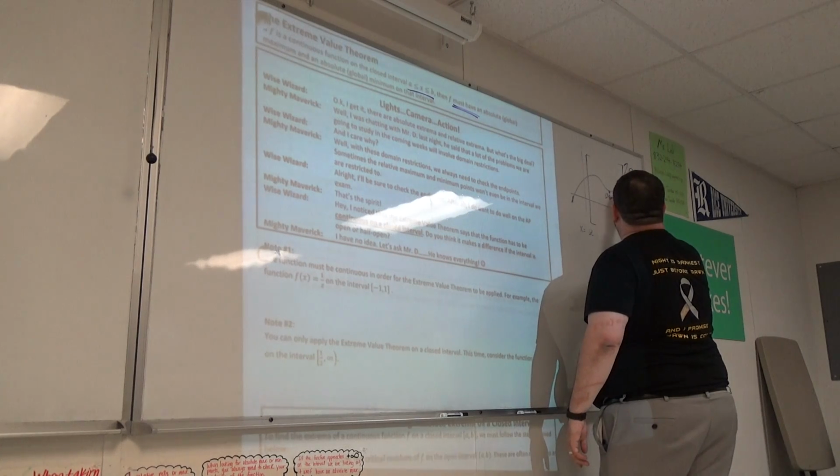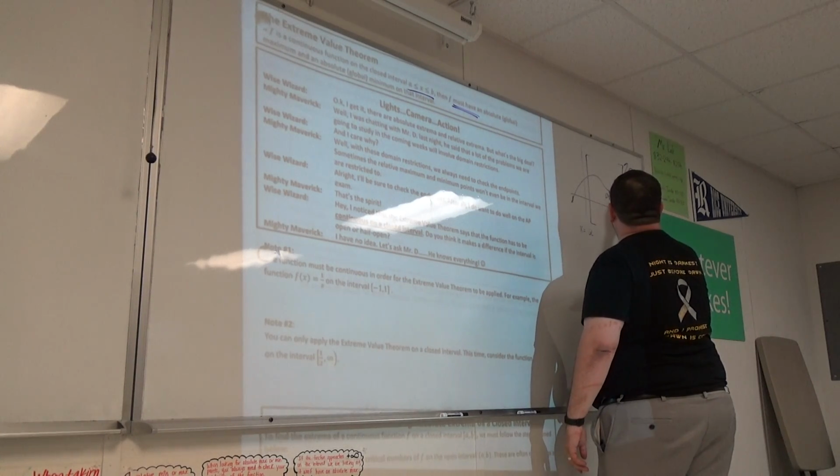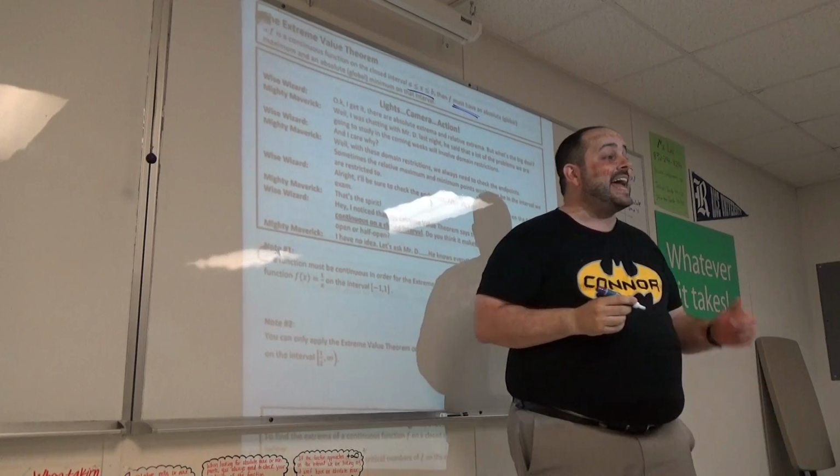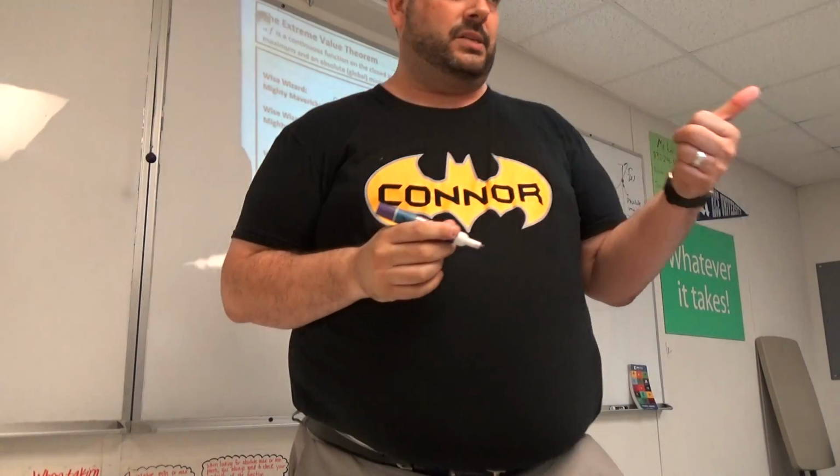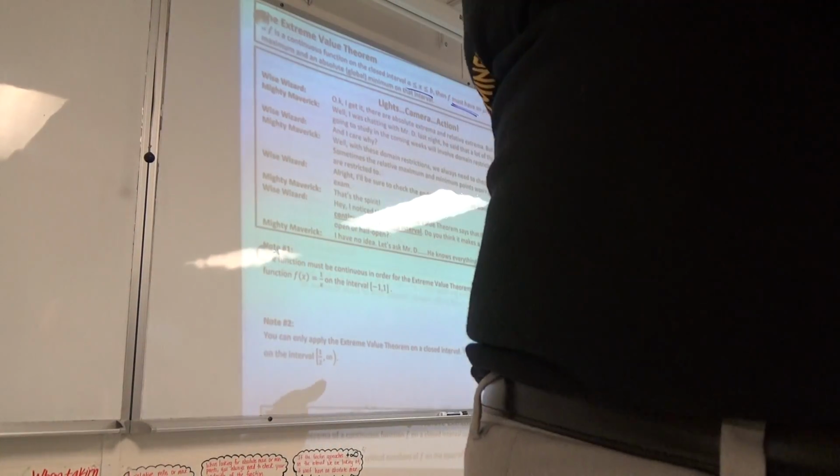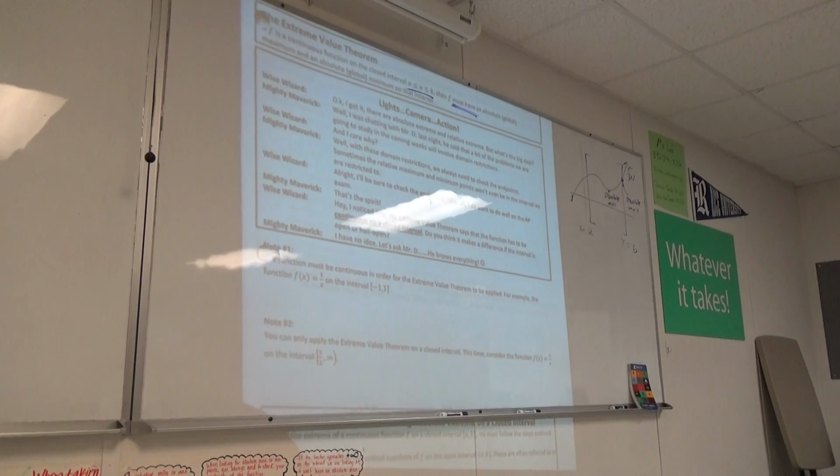So I'm curious, did anybody come up with a function that didn't have an absolute max or didn't have an absolute min? You think you got one? Can I see it? You didn't draw it. Could you draw it for me? Did anybody else come up with a function that doesn't have an absolute max or an absolute min?